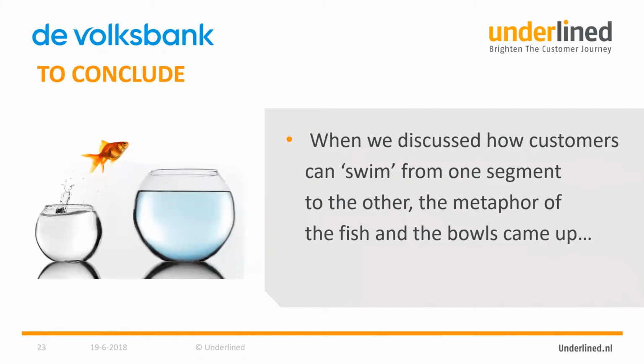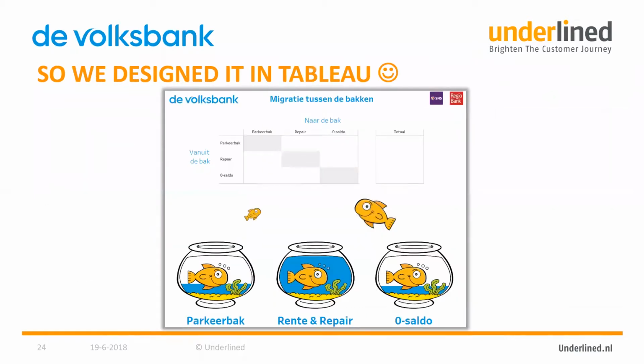And I said, yeah, if you want to visualize how customers are jumping from bowl to bowl, then you can also do that in Tableau. So this is also one of the visualizations we did with Tableau. Unfortunately, she's still scared to give it to the supervisor, but it's just one way to look at the data and give it in an insightful, but also playful way.